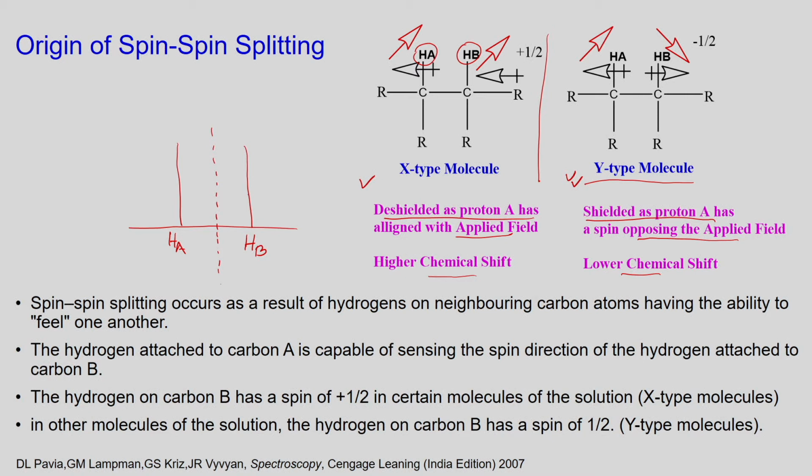So, spin-spin splitting occurs as a result of hydrogens on neighboring carbon atoms having the ability to feel or sense one another. The hydrogen atom attached to carbon A is capable of sensing the spin direction of the hydrogen attached to carbon B. The hydrogen on carbon B has a spin of plus half in certain molecules of the solution, and in the other molecules of the solution, the hydrogen on carbon B has a spin of minus half, the Y type molecule.